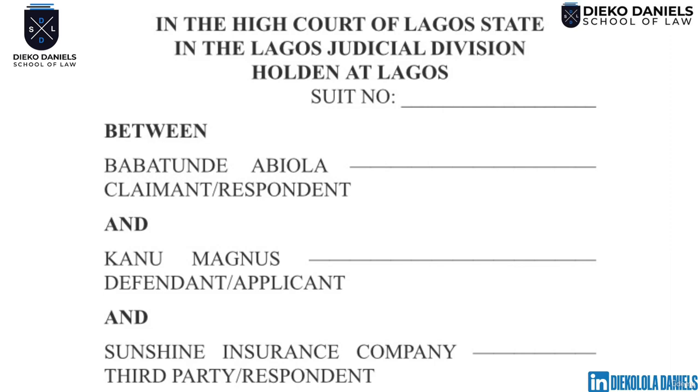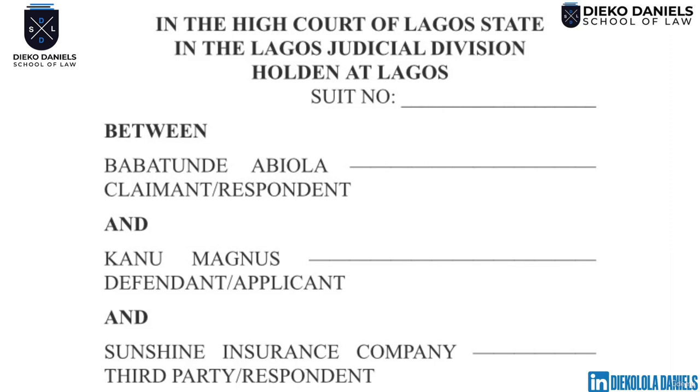We only have those 3 layers for joinder. We have 3 layers for joinder, but 2 layers for misjoinder. That means you want to strike out a party's name because he has been misjoined. You want to strike the name out, right? We have 2 layers: claimant/respondent or claimant/applicant, defendant/respondent or defendant/applicant, as the case may be.